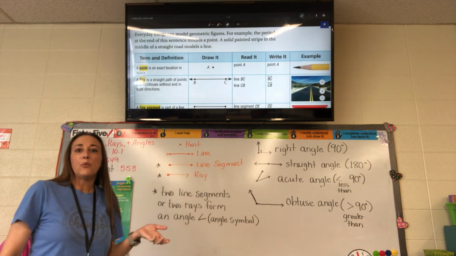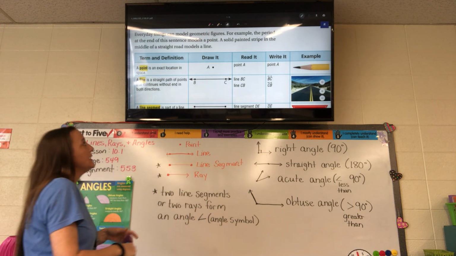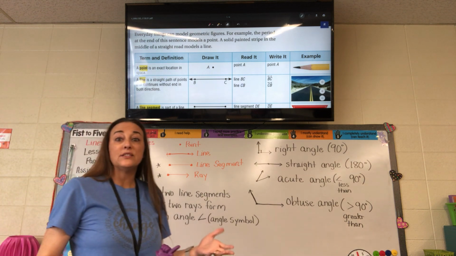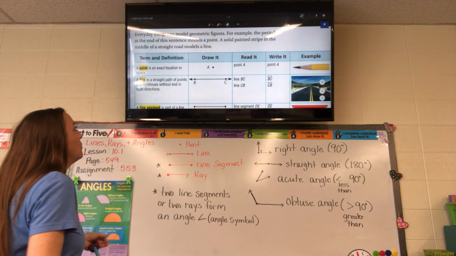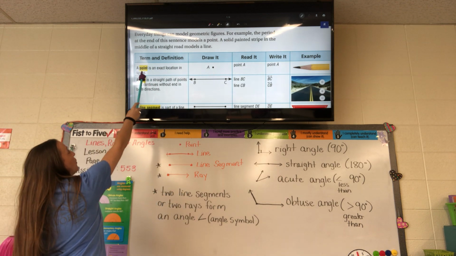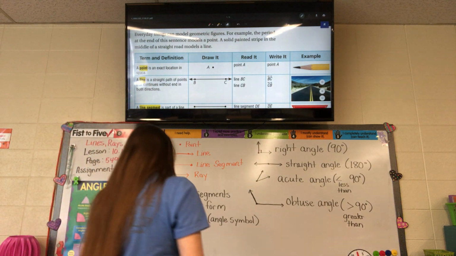So we start with a point, and notice that there's a letter A next to the point. That is how we label points or name them. A point is an exact location in space.